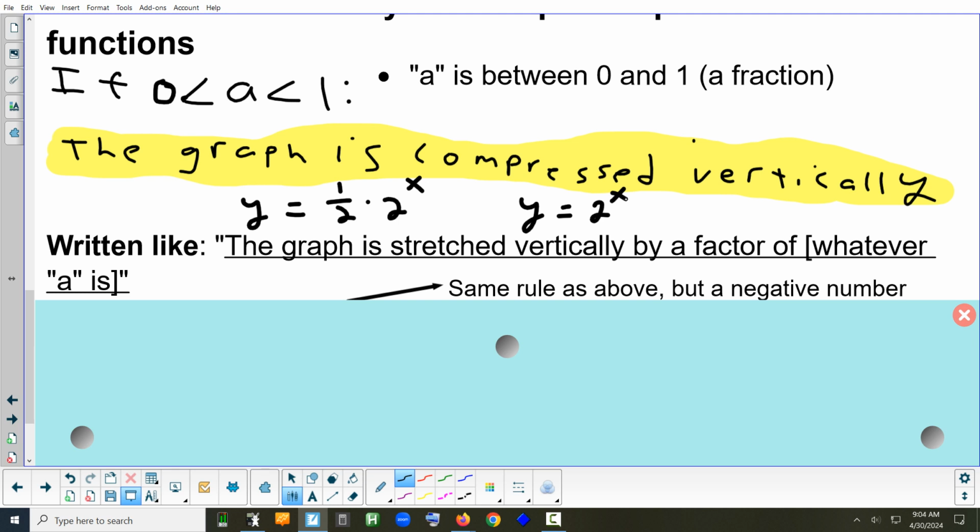Y equals negative 1/2 times 2 to the x. So this is kind of like when we did the compare in the homework last night. We're looking for a sentence that explains what that 1/2 is going to do.